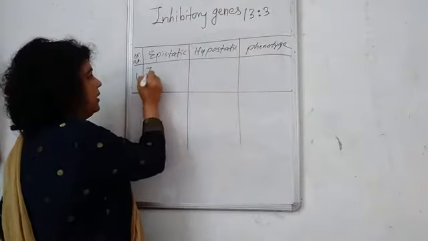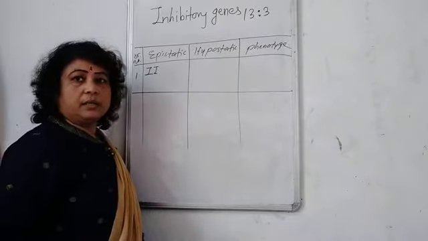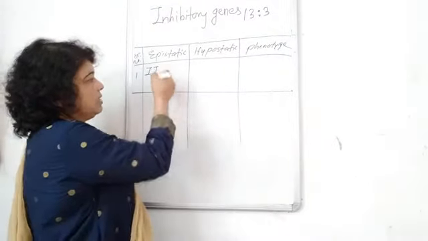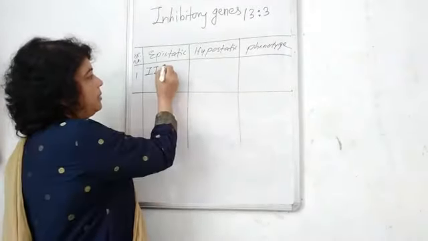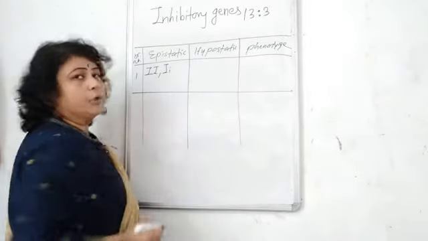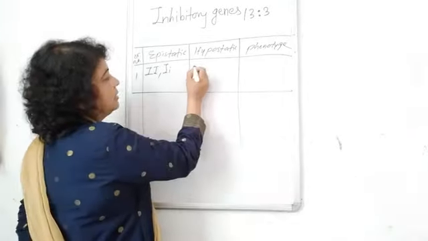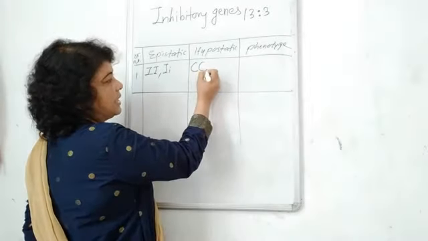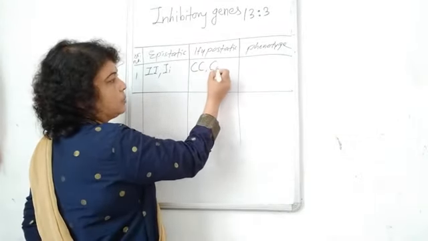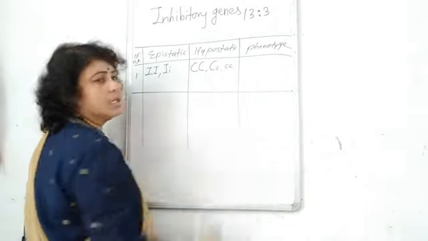When I is in homozygous dominant or heterozygous dominant condition, it always masks the effect of capital C, capital C small c, or small c.